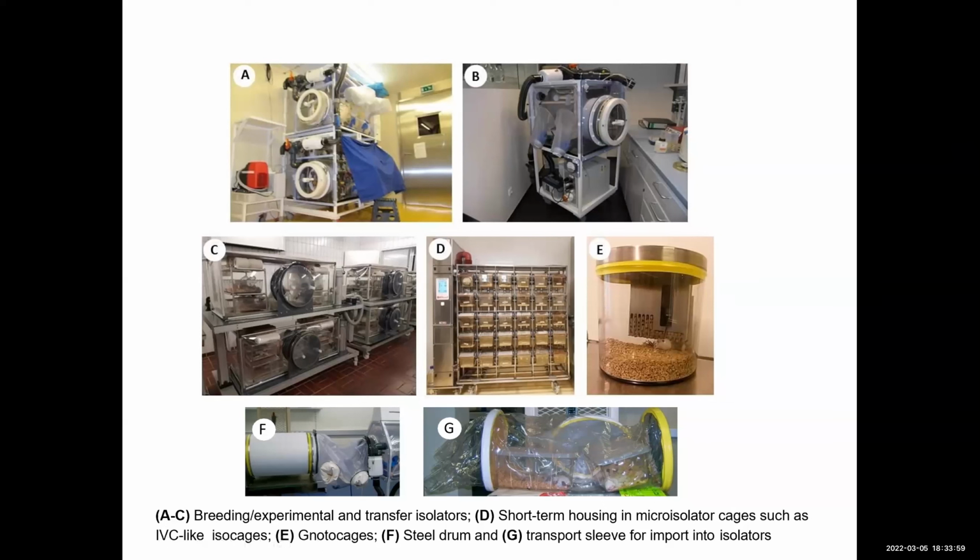I need to have a special mask, and I need to keep everything sterile. What you do is that you put your hands inside these gloves, and you can handle the mice while they are inside. And of course, these isolators are ventilated, and the air is completely sterile as well.